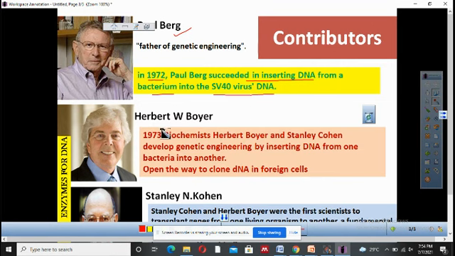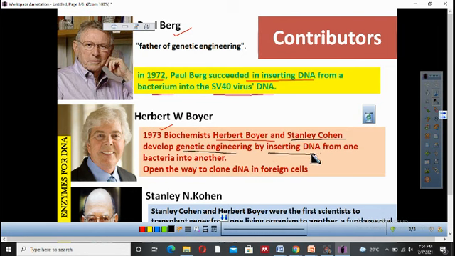Later on, in 1973, biochemists Herbert Boyer and Stanley Cohen developed genetic engineering by inserting DNA from one bacterium into another cell, where that cell belongs to a foreign organism, not the same cell.